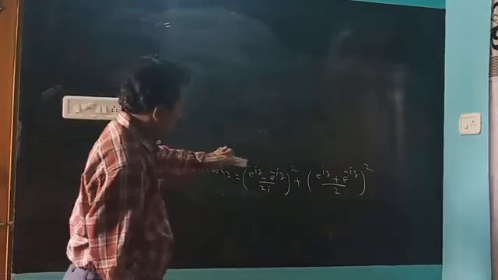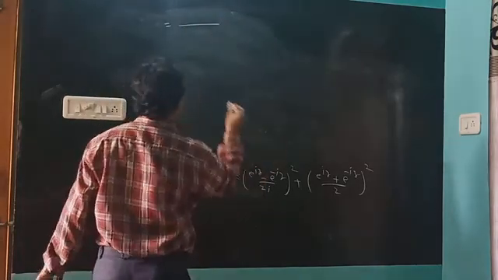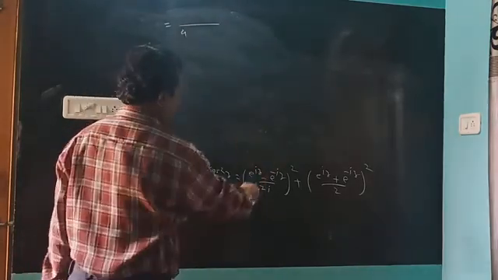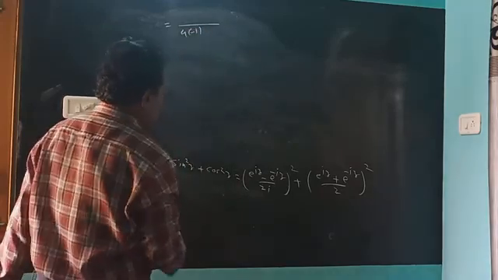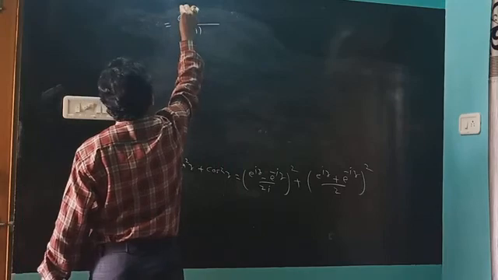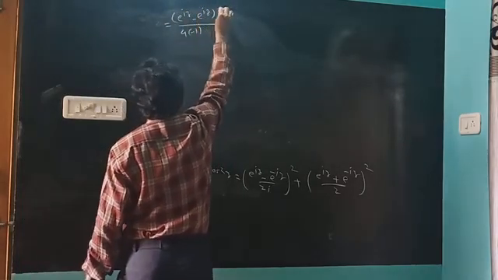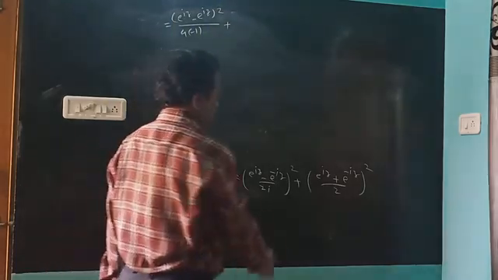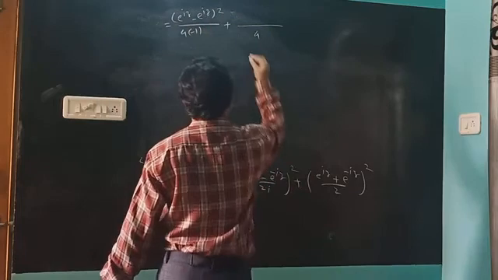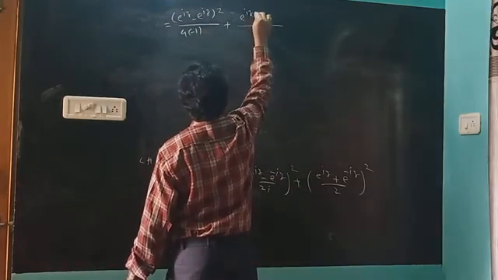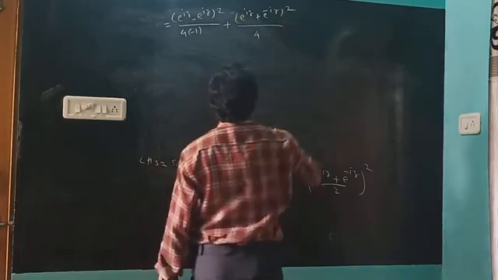So first of all, denominator 2 square is 4, and i square is minus 1, with e raised to power iz minus e raised to power minus iz whole square. Also here 2 square is 4 and e raised to power iz plus e raised to power minus iz whole square.